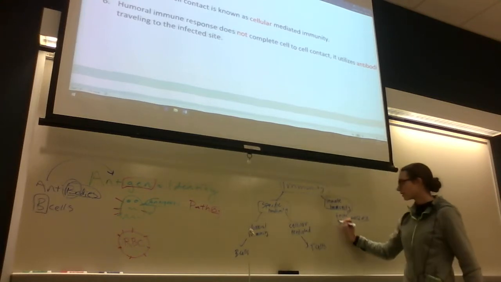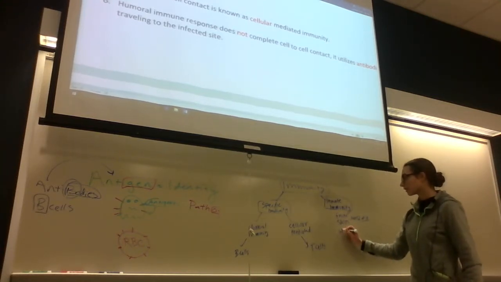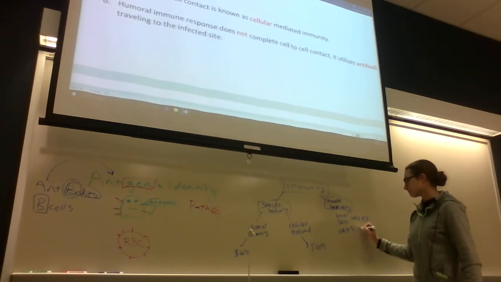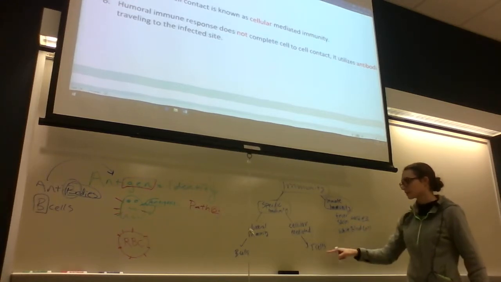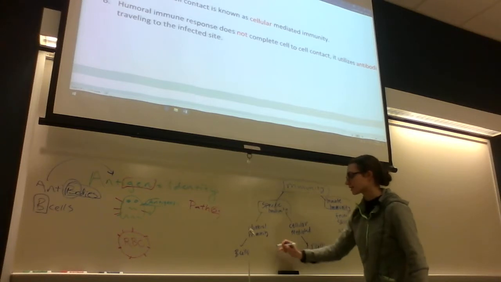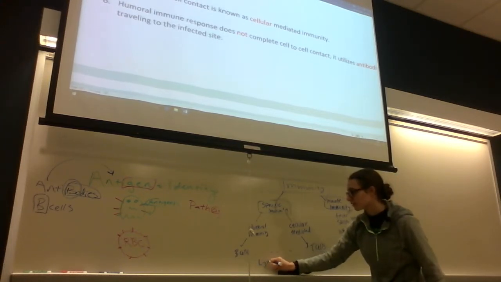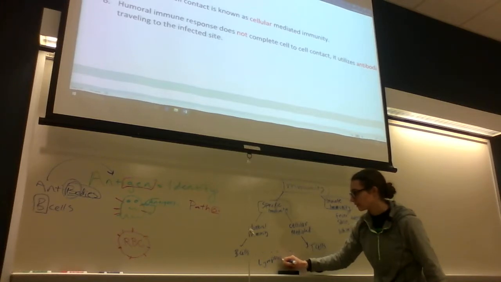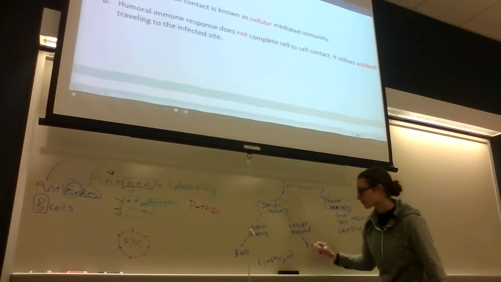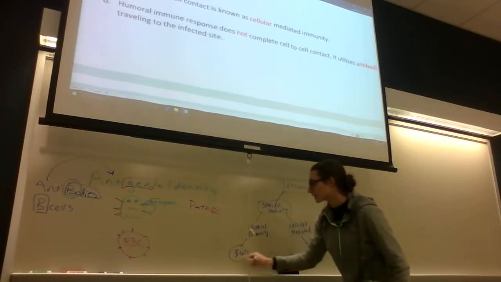Our other white blood cells are under innate immunity. But these 2 are categorized as lymphocytes. That's what your T cells and your B cells are, lymphocytes.